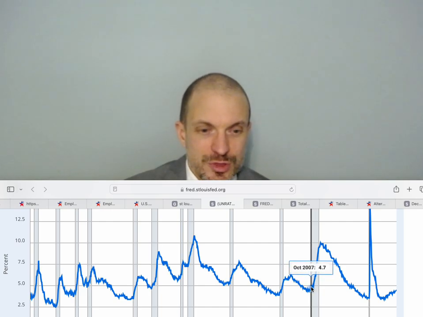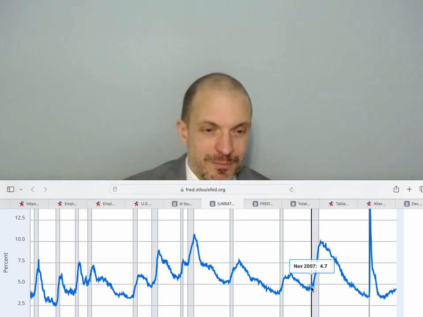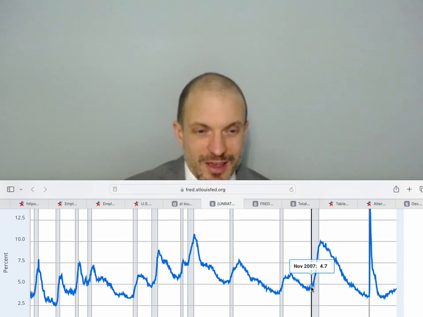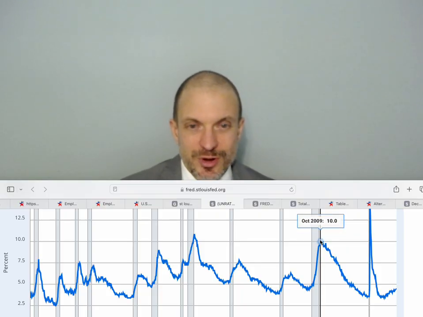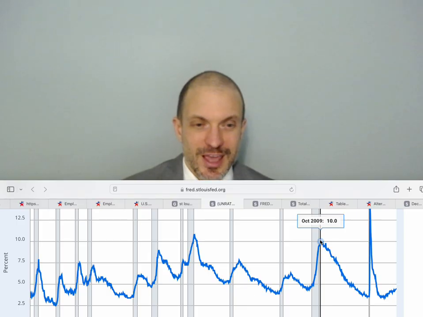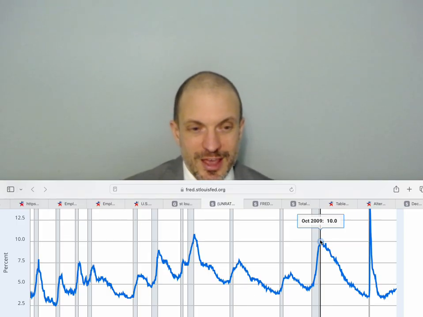Let me look at the U3 measure from November of 2007. It was 4.7. It rose to 9.5 by July 2009. It peaked a little bit beyond where the official recession is indicated on this table, in October 2009 at 10%.